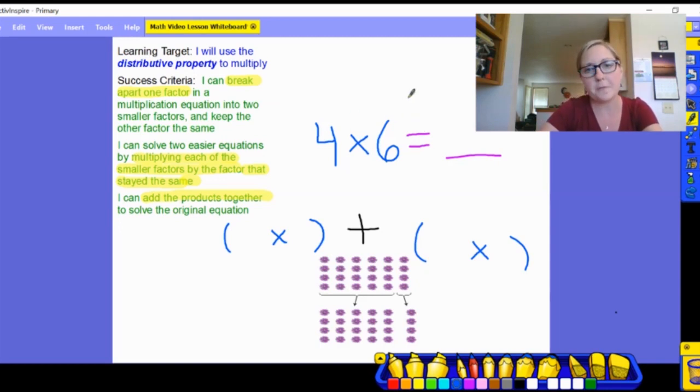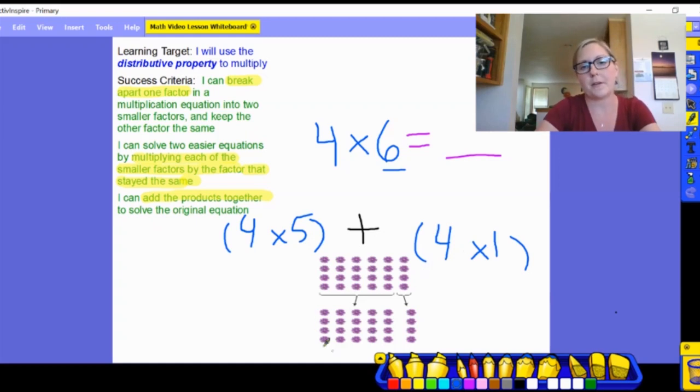When we use distributive property, we can break apart one of those factors. And in this example, we see that they've broken apart the 6. So down below, instead of having 4 rows of 6, they now have an array over here that shows 4 rows of 5, and then a little array here showing 4 rows of 1.